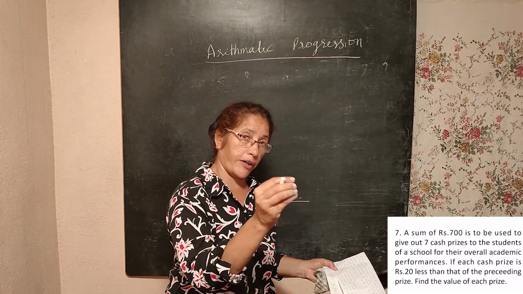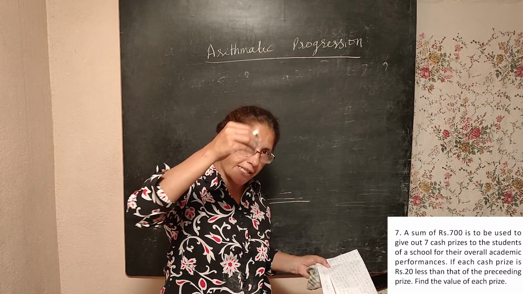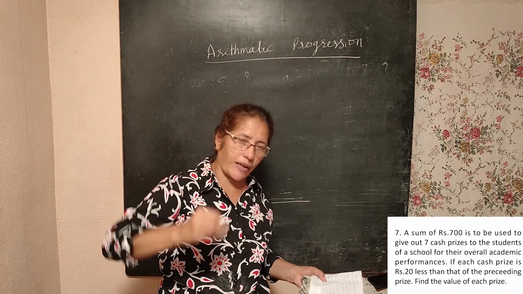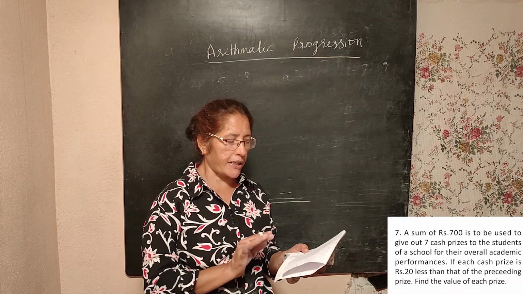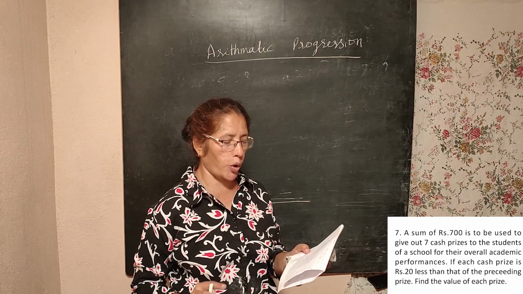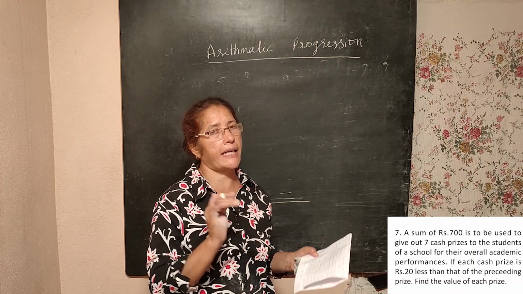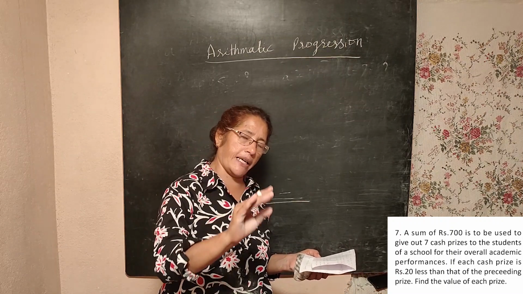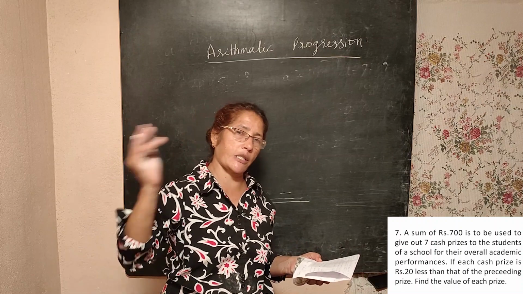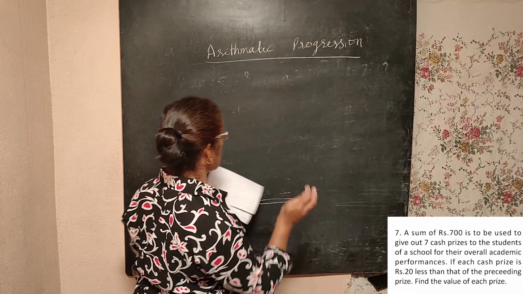First prize, if at all it is 100, next is 20 less, next is 20 less. Like that they have given to 7 people, but totally 700. So first person's amount, let us take it as A. Second person A minus 20. Next person A minus 40. Shall we take like that?